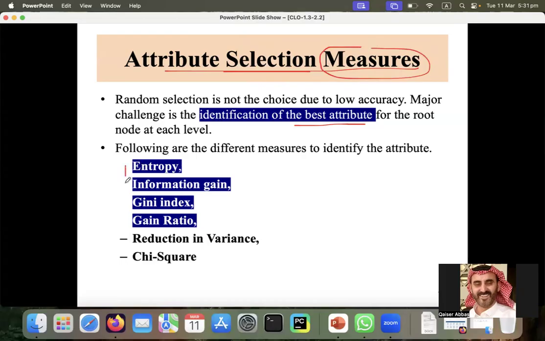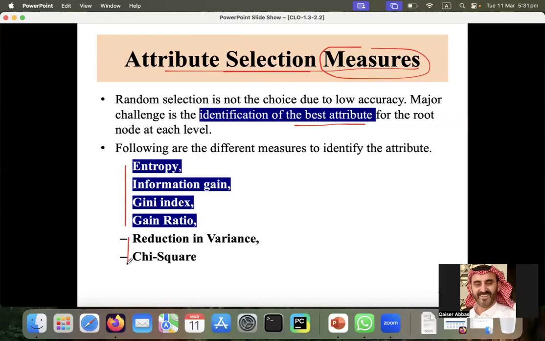These are the different measures which are available: entropy, information gain, Gini index, gain ratio, reduction in variance, chi-square. We will consider only the first four, not the last two. The last two you can read by yourself. This doesn't mean that you do not have to read it.